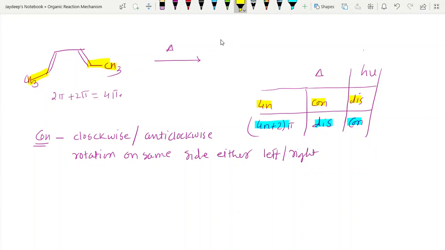Now if we consider conrotation for this type of reaction, that means this methyl group should rotate in this direction. If we are going to consider clockwise, it should rotate like this, because this direction is the clockwise direction. If we rotate this methyl group in this direction, the other will also rotate in this direction.